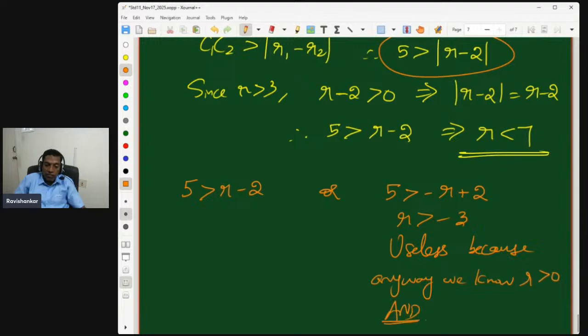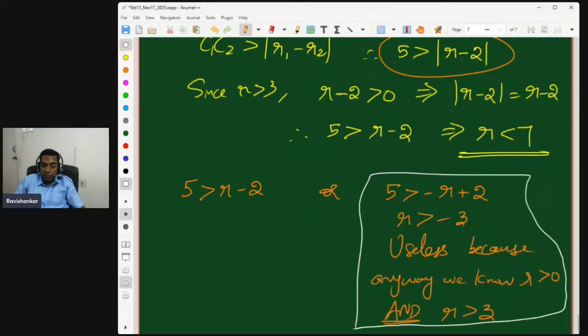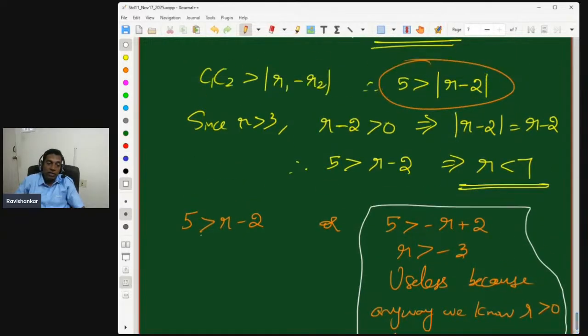And here, in fact, R is greater than 3 is already there. So there is no point in considering this case. But in general, if it's some general variable, you might have to consider both cases. Here, it's not needed. Okay, so this condition alone is enough.